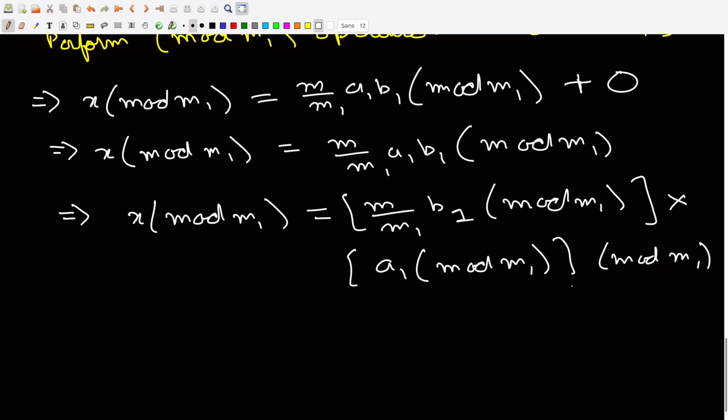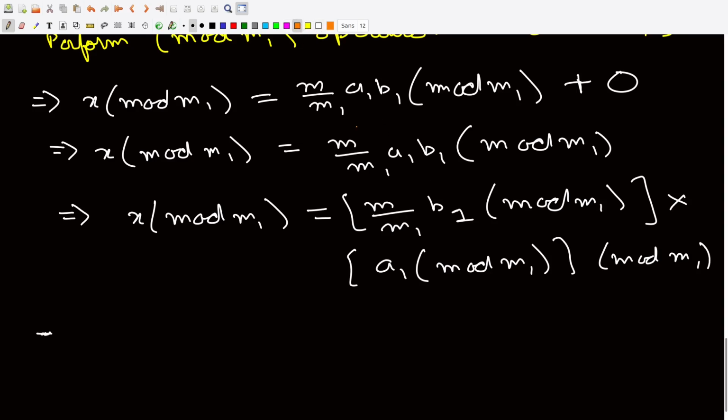Distributive property, basically. This is equal to this if we distribute it like this. If you read more about the distributive property of the modulo operation, you will see that these two terms are the same.